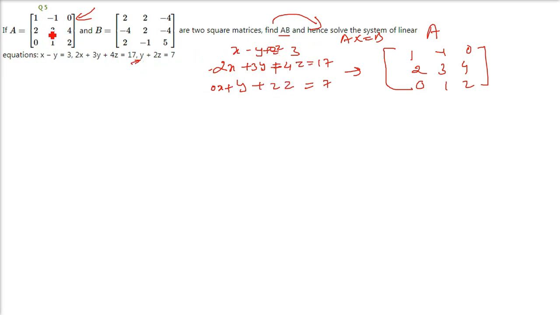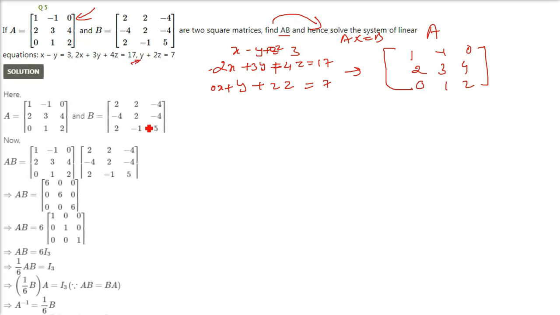So eventually this A will be same as these. So what we have to do? We have to multiply A and B, and once we multiply, you will see that it will be a scalar matrix. If you take 6 outside, it will be 6 into identity matrix.